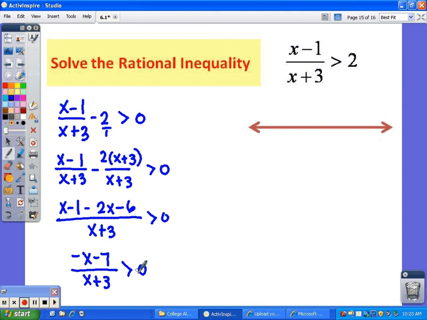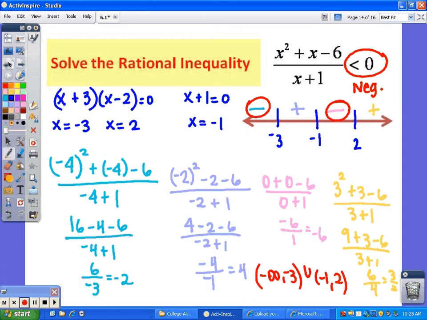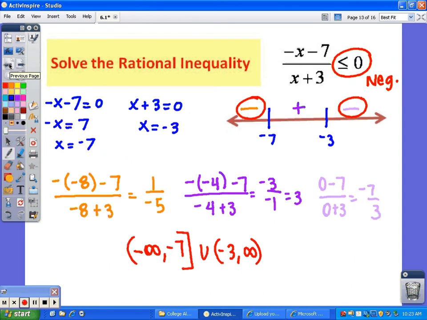Now if you'll look, we did a problem very similar to this 2 problems ago. It was the exact same fraction, except instead it was less than or equal to 0. So from there you should remember our critical values were negative 7 and negative 3. When you plugged in values, and you can go back and check it, it's 2 problems ago, notice you got a negative, positive, negative.